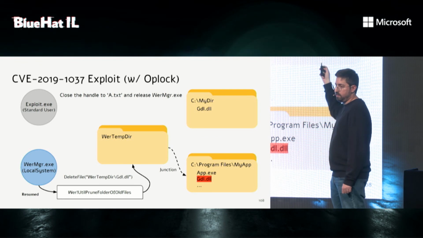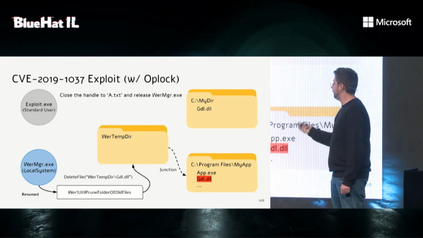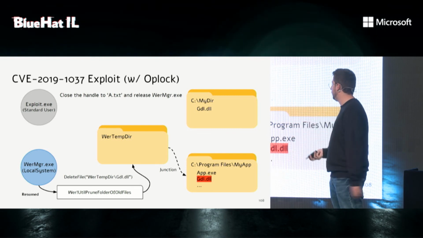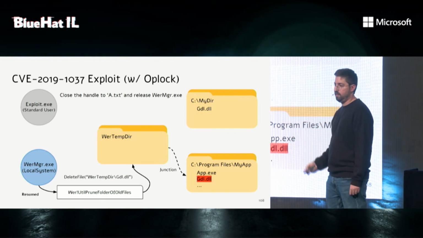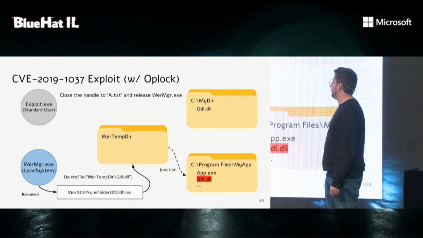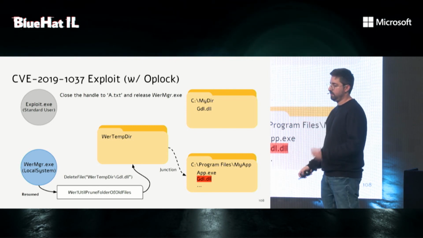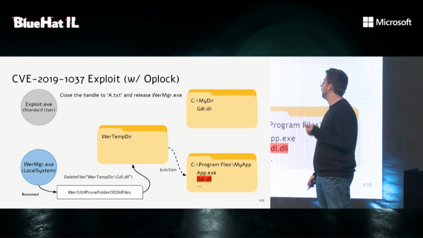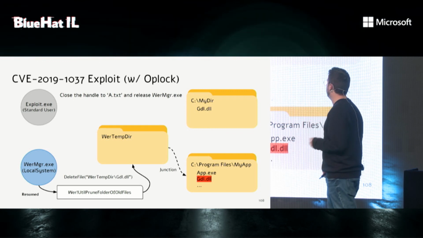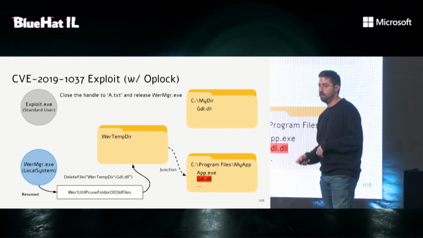It will now delete the first file, but in the next iteration, it will actually follow the junction we switched, and delete gdl.dll under the right directory. So just to recap, this is a very cool trick: a mismatch between a path and a handle, and using file system oplocks in order to win the race condition constantly.